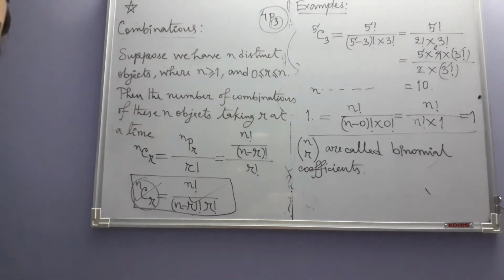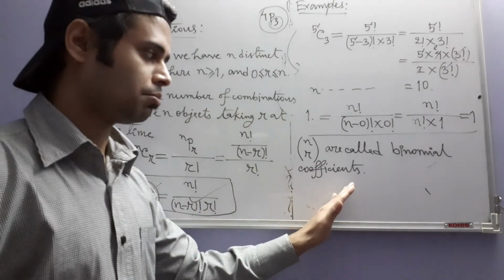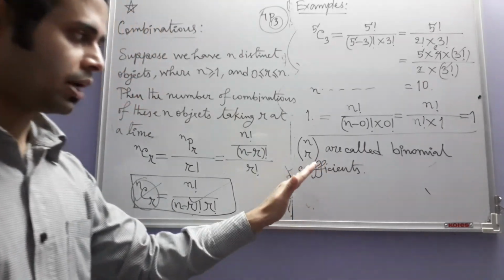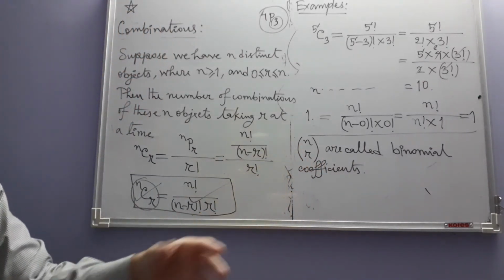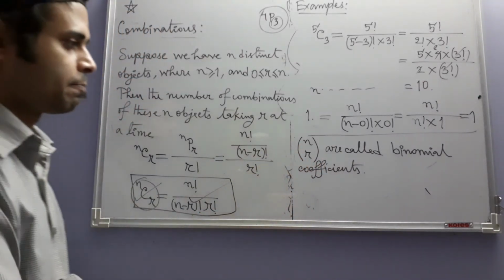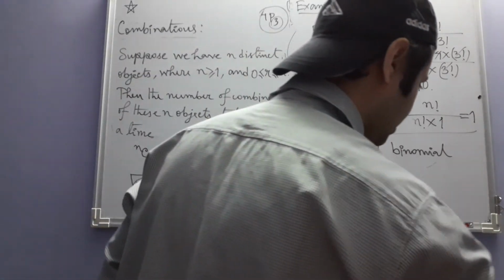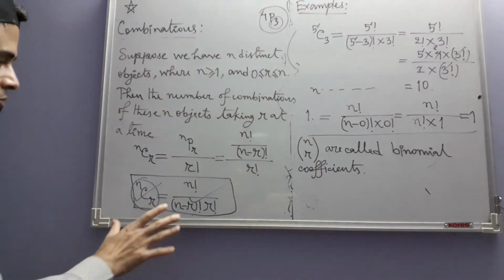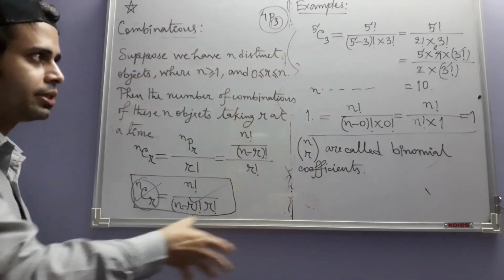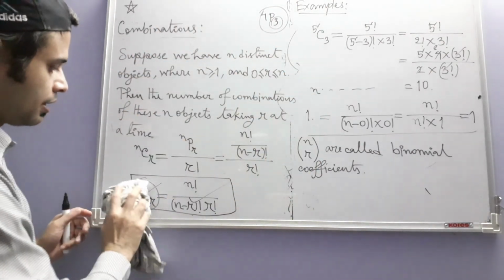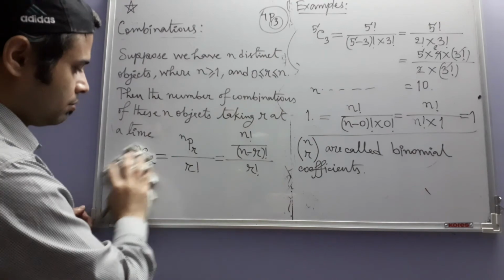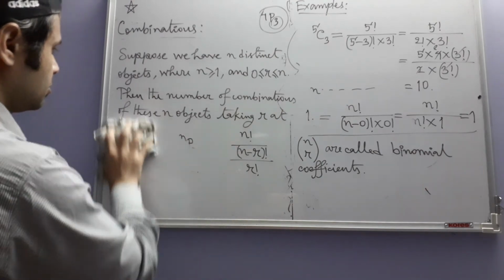We will come to that later when we study the binomial theorem, where these numbers occur as coefficients of some things. Okay. Now these binomial coefficients, aside from their application in counting the number of combinations, have some intrinsic properties.